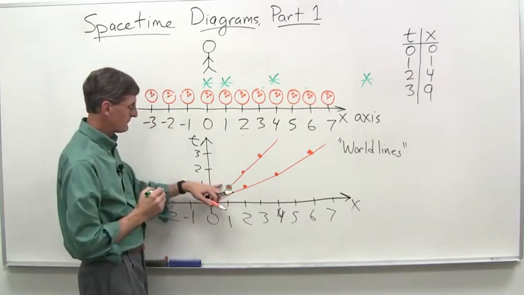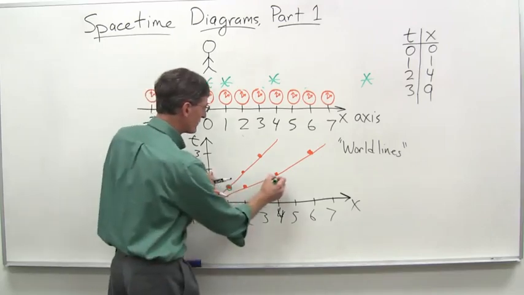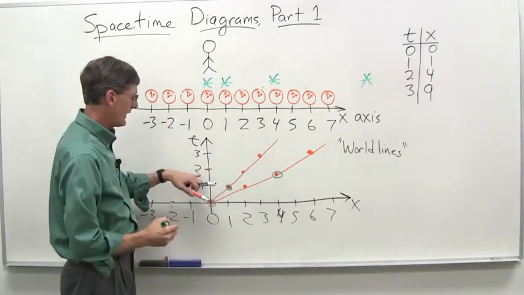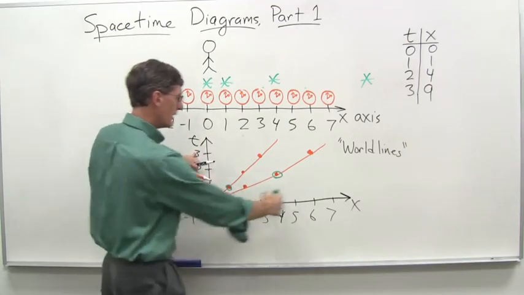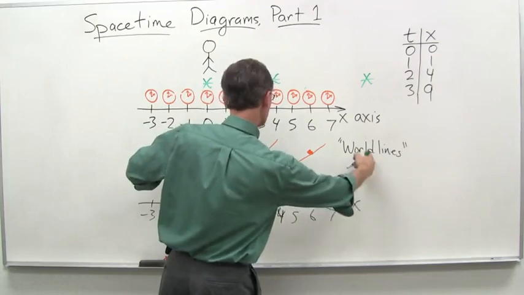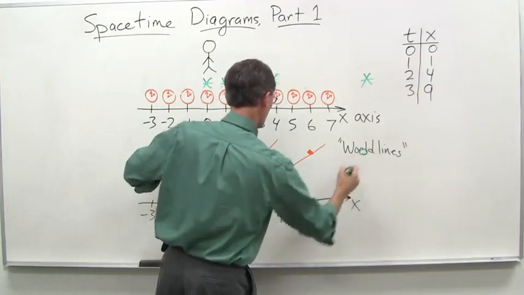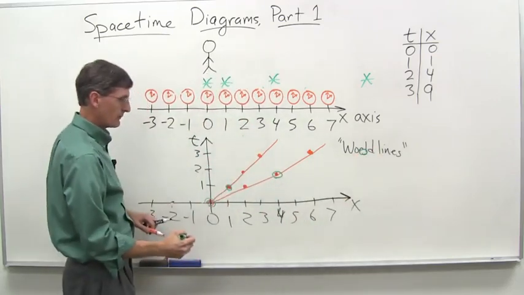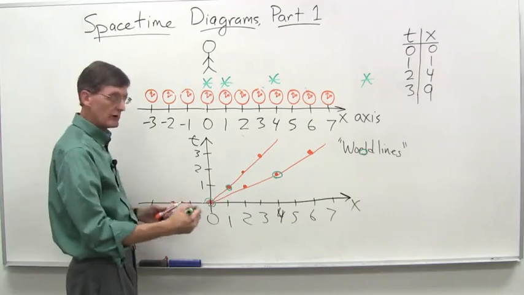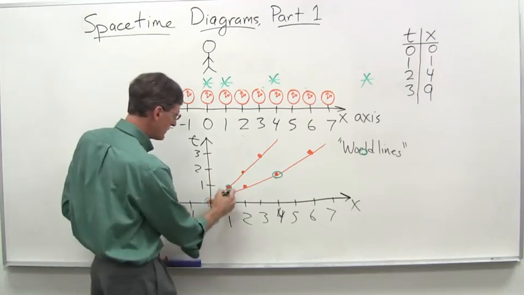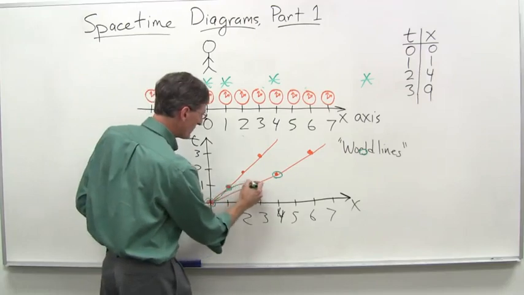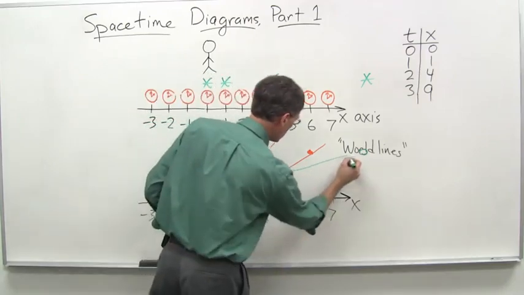It was at 0. And then at t equals 2, it's at x equals 4. And at t equals 3, it's at x equals 9, which would be here someplace. So right in the middle of our world line thing. Something like that. And if we were to draw a line through that, it looks something like this, roughly speaking.